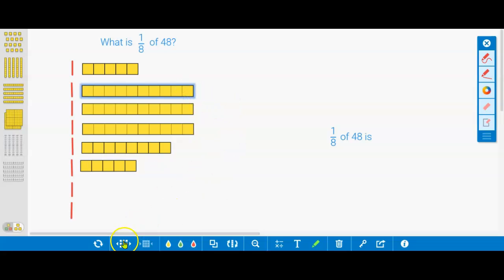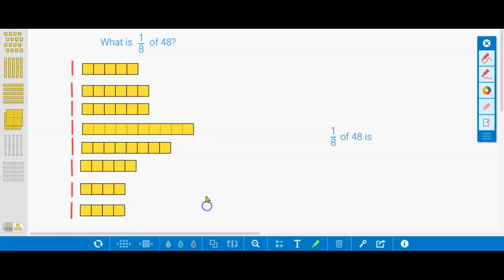Let's split this row up. And I'm just kind of guessing and checking here, like many of you might be. So I'll put this here, split that up, trying to make all 8 rows even.